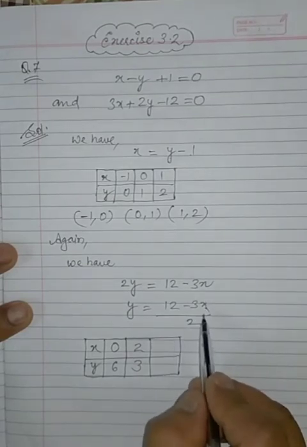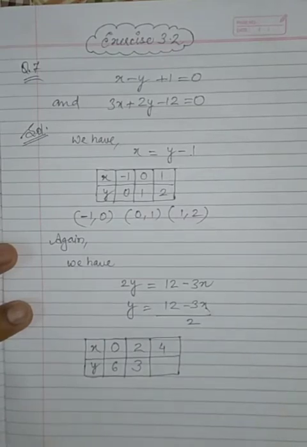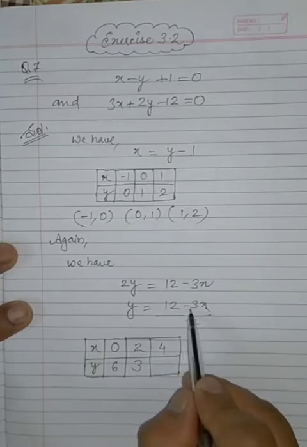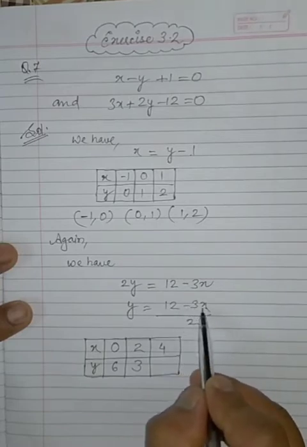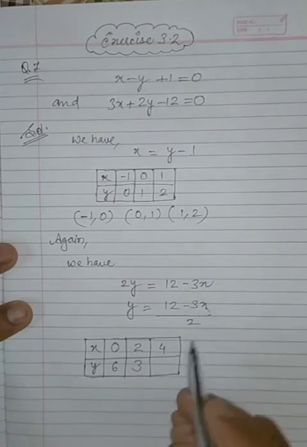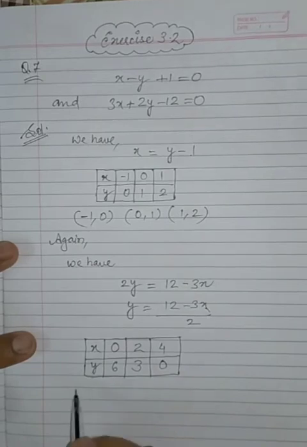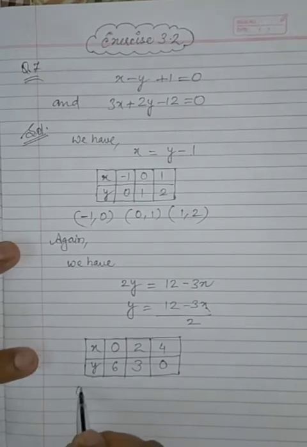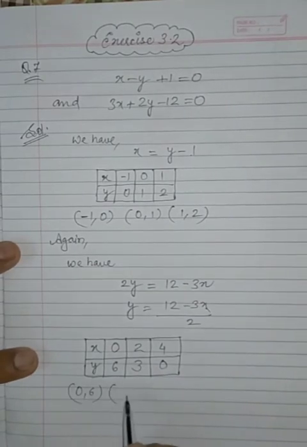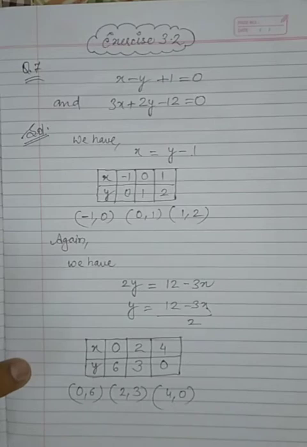Once again, we are going to put here x is equal to 4. So 12 minus 3 into 4 equal to 12. So 12 minus 12 equal to 0. So 0 upon 2 is also equal to 0. That means the coordinates for the second line are 0, 6, 2, 3 and 4, 0.